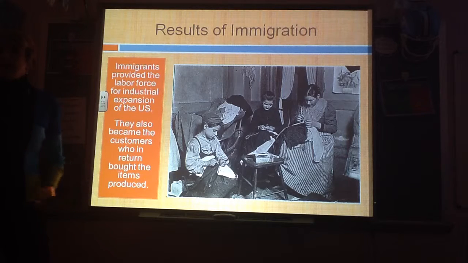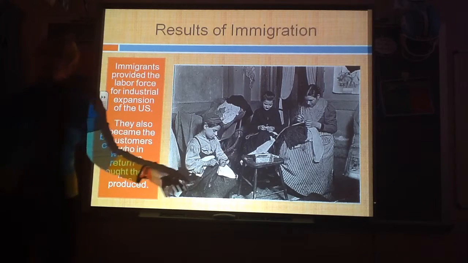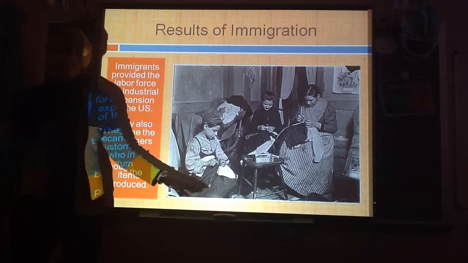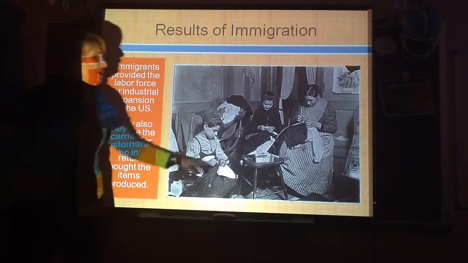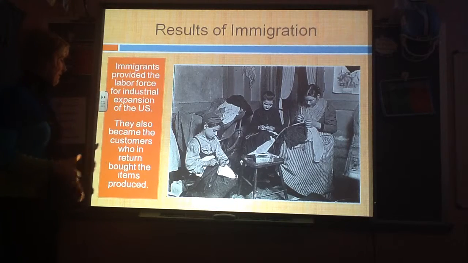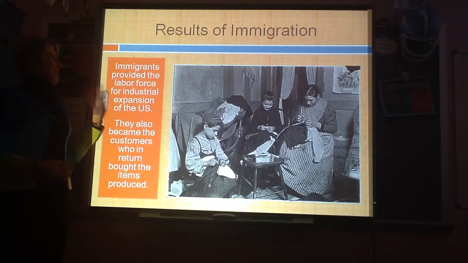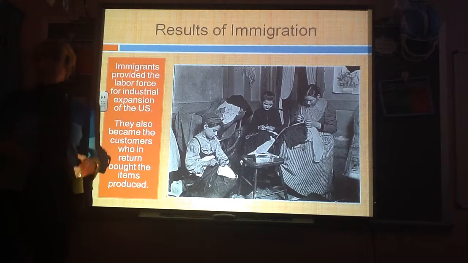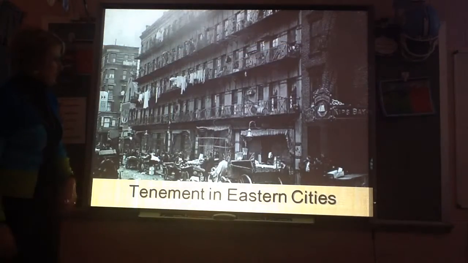These people came, many of them had no money, so they were willing to take any job, and it was not unusual for the kids starting at age 5 and 6, some even younger in some of the textile mills, to work all day, help make things at home, help produce to help the family survive. They also became the customers who in return bought the items produced. So they're making these items, they make some money, and now they're buying the items. So they're really supporting their bosses and their industry.